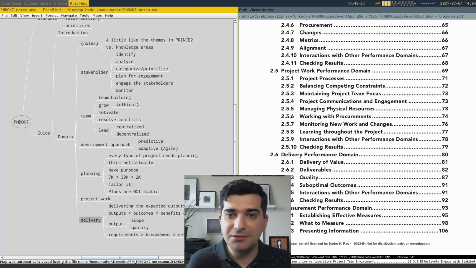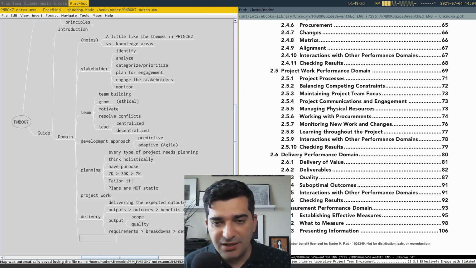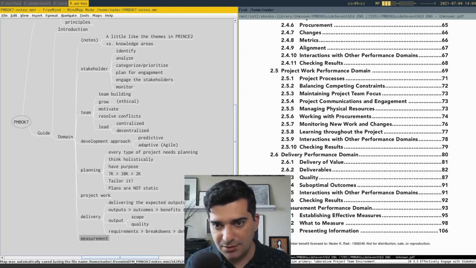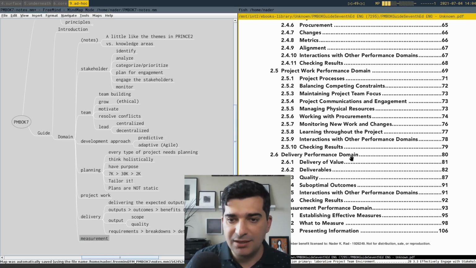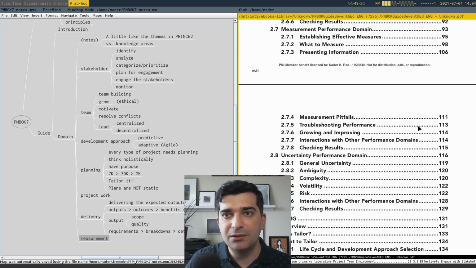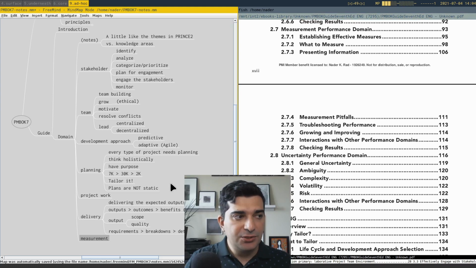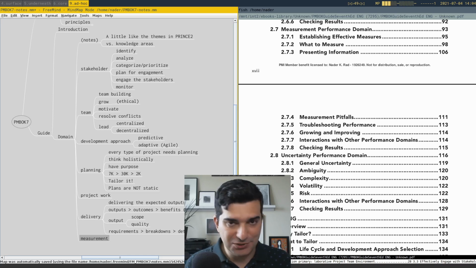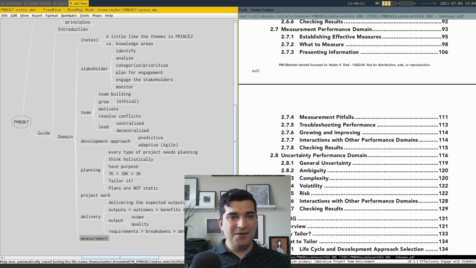Yeah, that's it. So the next one is the measurement domain. This one is about measuring the performance of the project, progress measurement, which is always necessary because we do have our plans and we go on with our plans, especially in a predictive, plan-driven project.